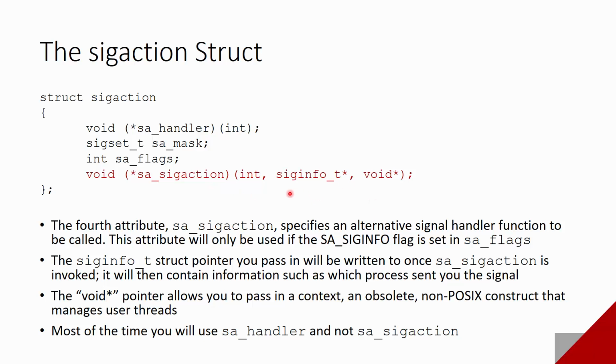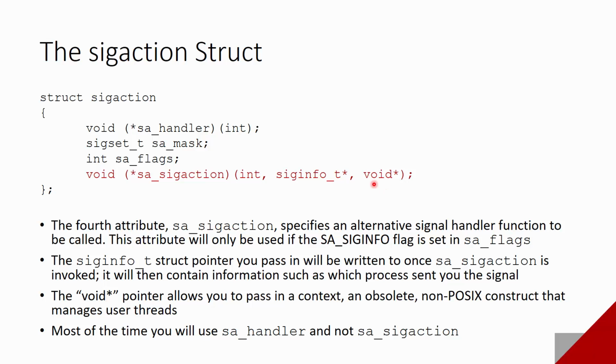And the struct that's being written into is going to contain information about, for example, which process sent you the signal. So that's pretty handy if you want to know which process, like by process ID, actually sent that SIGTERM signal, so you can punish it back. You could get that out of this particular struct once it's been written.